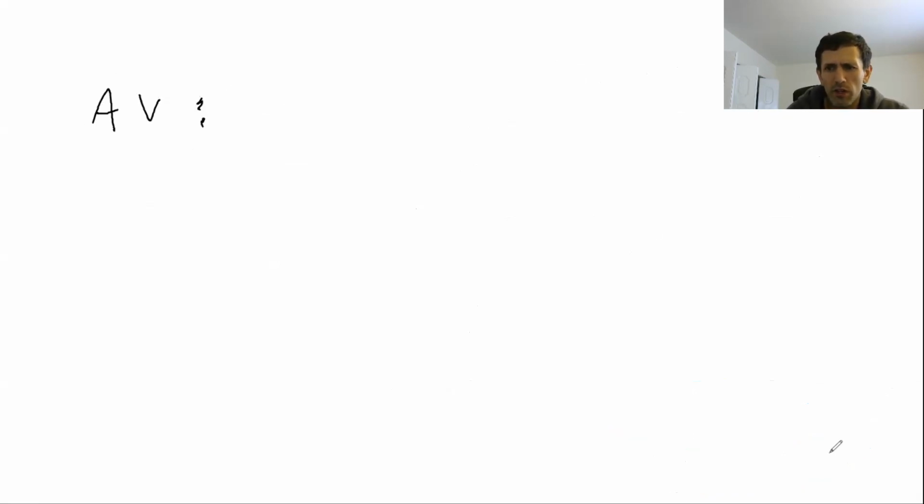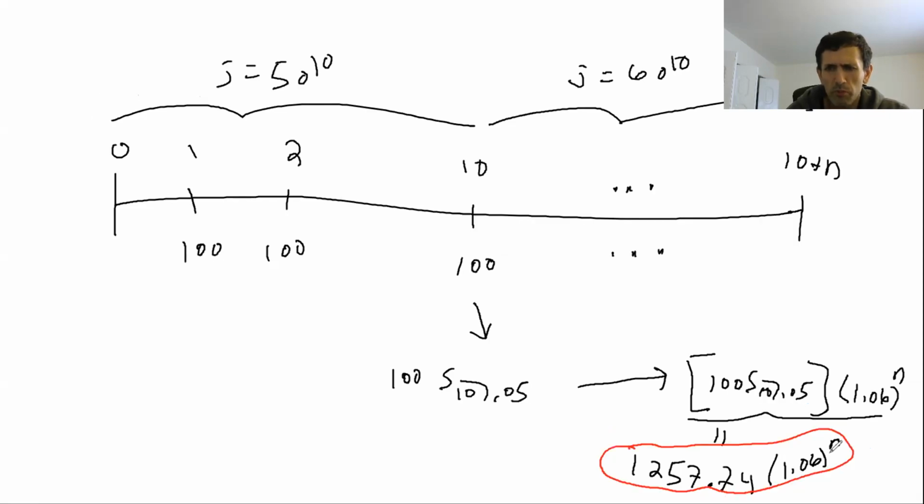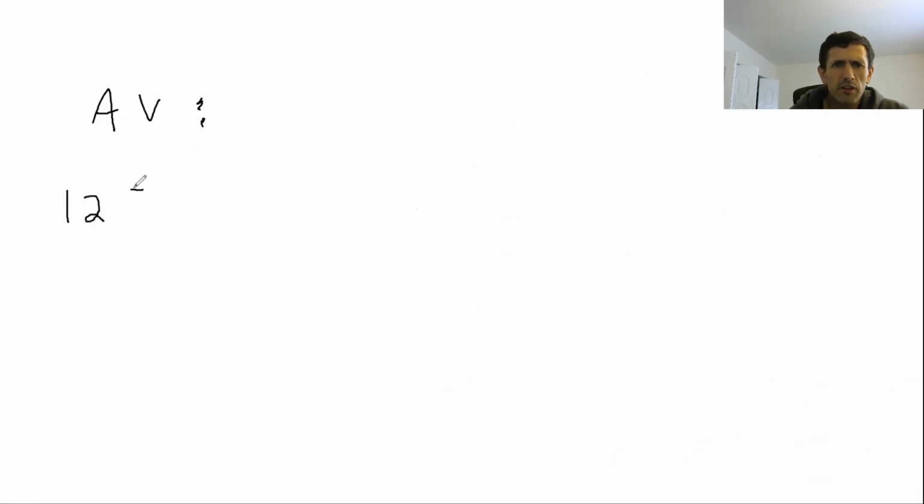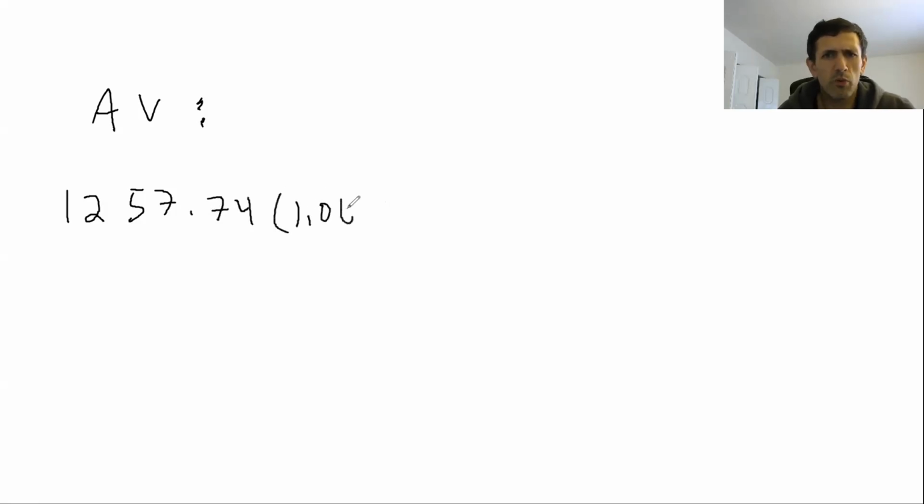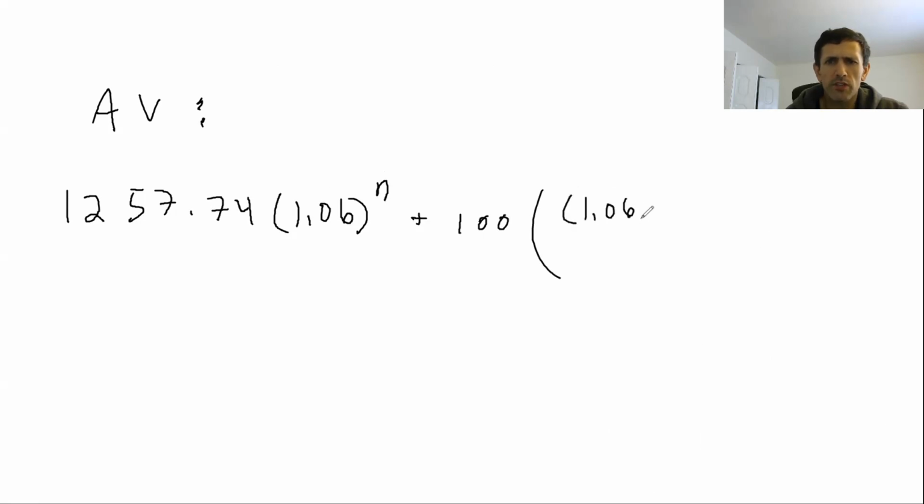It's the first one, which we said was 1257.74 times 1.06 to the n, plus the second one we just wrote down here, 100 times (1.06 to the n minus 1) over 0.06.